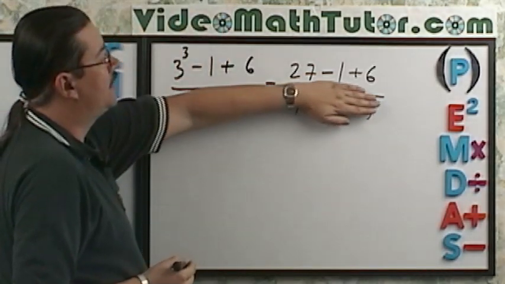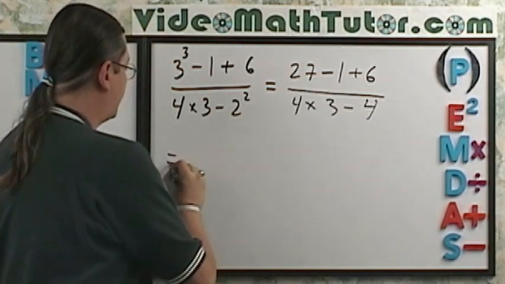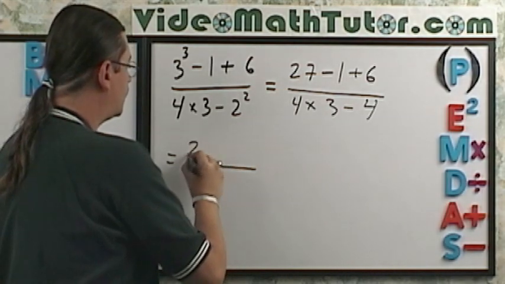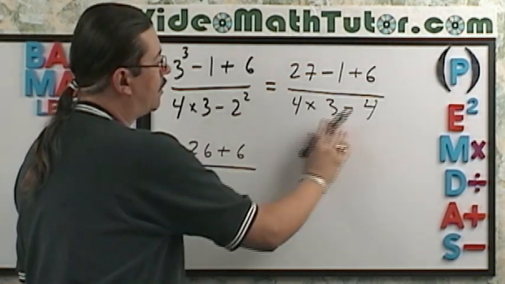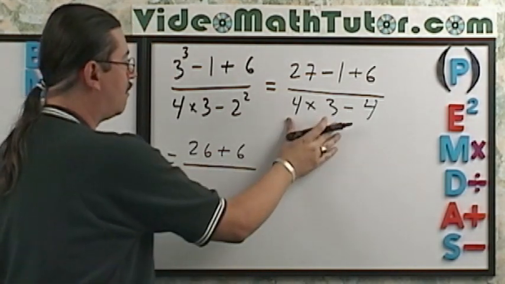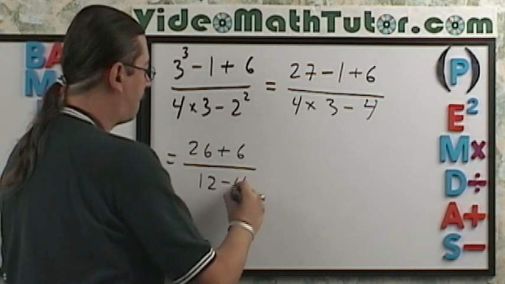Now I only have addition and subtraction on top. They're the same, so I go left to right. 27 minus 1 is 26. On the denominator, I have multiplication and subtraction. Multiplication has higher order of precedence, so I do the 4 times 3. So you get 12.